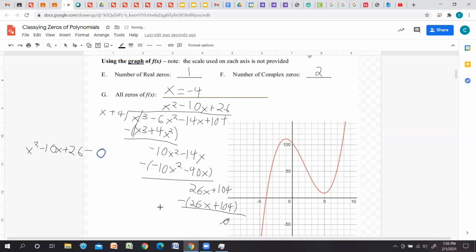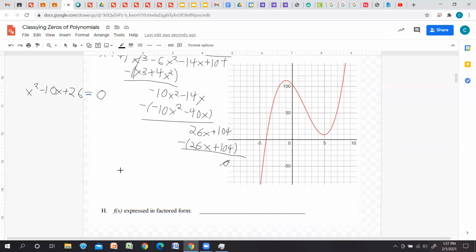So it shouldn't be factorable because they're complex solutions. We have 2 and 13, and that doesn't add or subtract to 10. So you can use the quadratic formula here. You could put it in vertex form or use the quadratic formula.